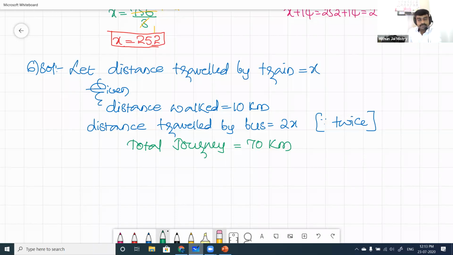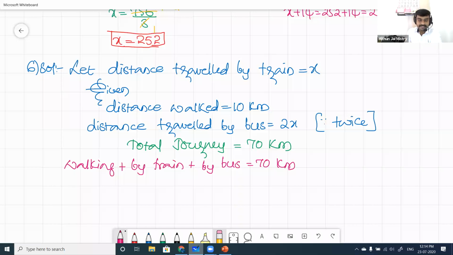So we need to add those all, right? So let me write like this, so that you can understand it in future: walking plus by train plus by bus is equal to 70 kilometers. That's the meaning.